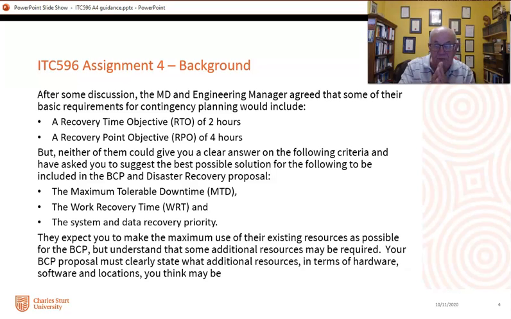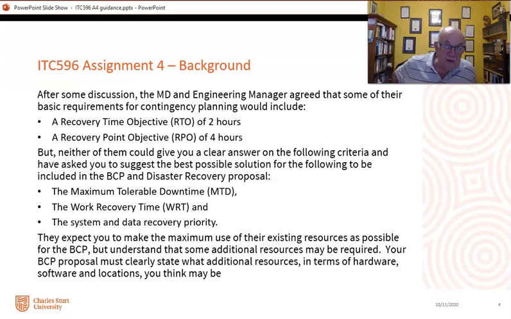So after a bit of discussion, they agreed that some of their basic requirements for contingency planning would be an RTO, a recovery time objective, of 2 hours, and an RPO, a recovery point objective, of 4 hours. Neither of them, though, could give you a really good answer on the following criteria, and asked you to come up with some solutions on what you think would be best for things like the maximum tolerable downtime, the work recovery time, and the priority for system and data recovery.